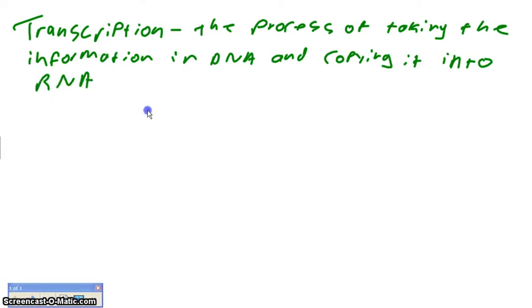So if we had to summarize the basic process of transcription, all we're doing is we're taking the information in DNA and we are transcribing it. It's the same language, it's nucleic acids, it's just a different form of the language. We're transcribing that information into RNA.